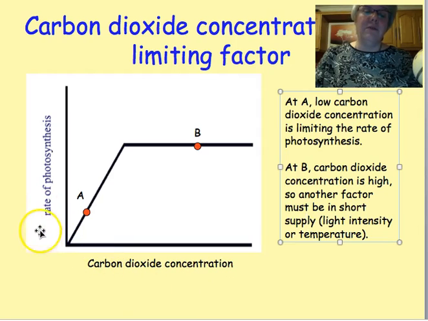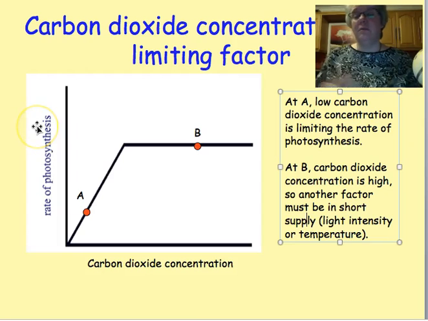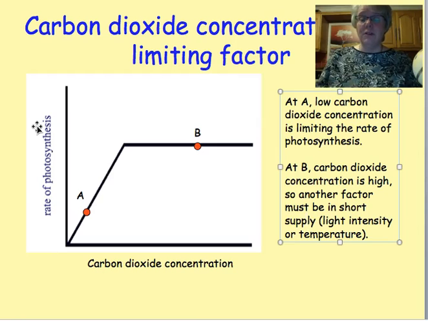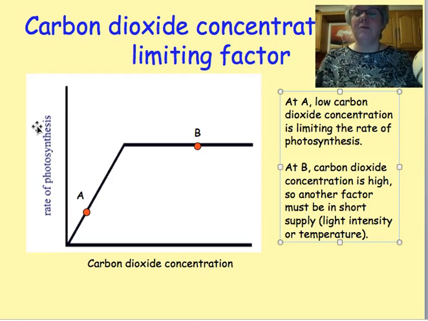And again, we've got the rate of photosynthesis, which, as I've said, could be number of bubbles produced per minute, or it could be volume of oxygen, because you might have measured that volume of oxygen in a measuring cylinder produced per minute, so it might be cubic centimetres per minute. But anyway, this graph has the same kind of setup as the graph we had before.